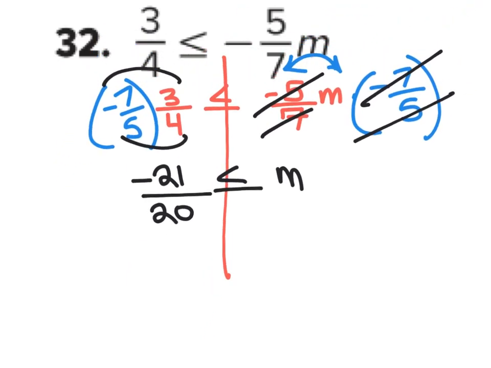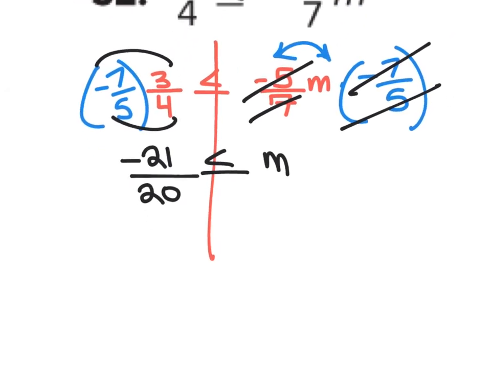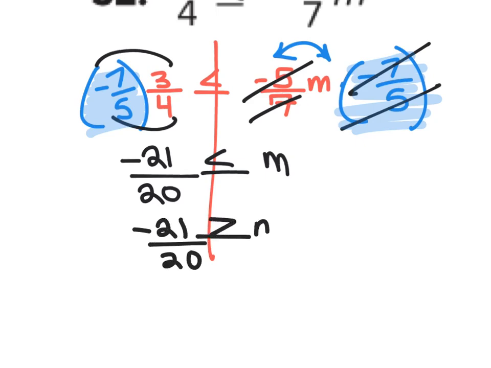Now, I need to be very careful here because I multiplied each side by a negative. And when I multiply each side by a negative number, I have to flip the inequality sign. So I'm going to rewrite this as negative 21 over 20 is greater than or equal to m. I just flip the direction of the inequality sign.